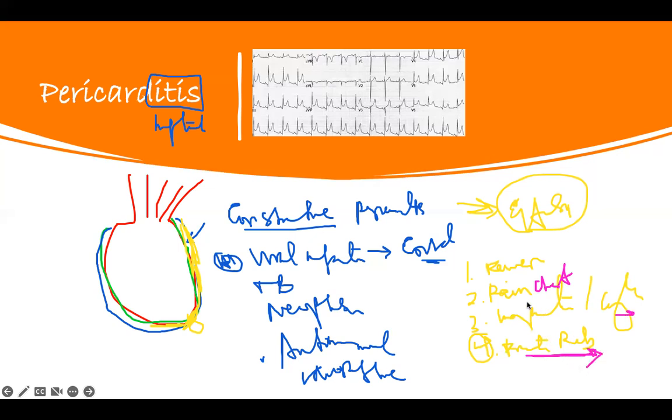Because of the chest pain, people think they have a heart attack. But when you get an EKG, you see ST elevation almost everywhere. When somebody has a heart attack or MI, there are only a few leads with ST elevation. In this one, you have something we call diffuse ST elevation, everywhere.